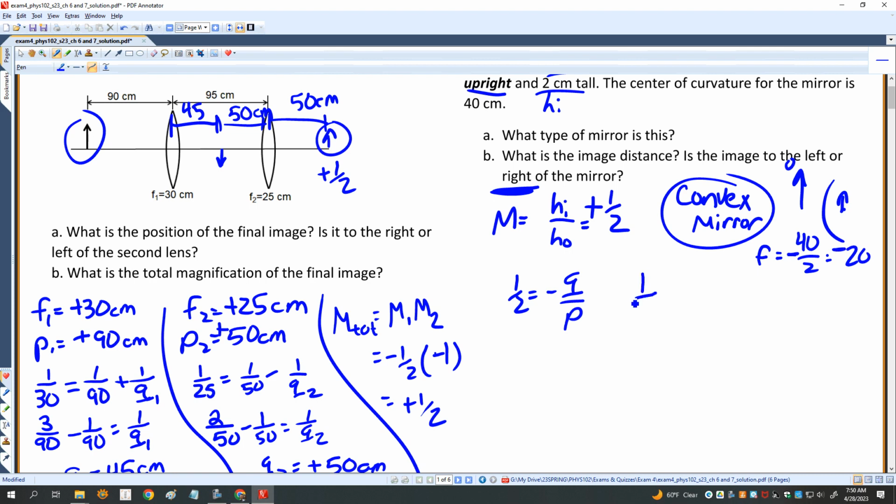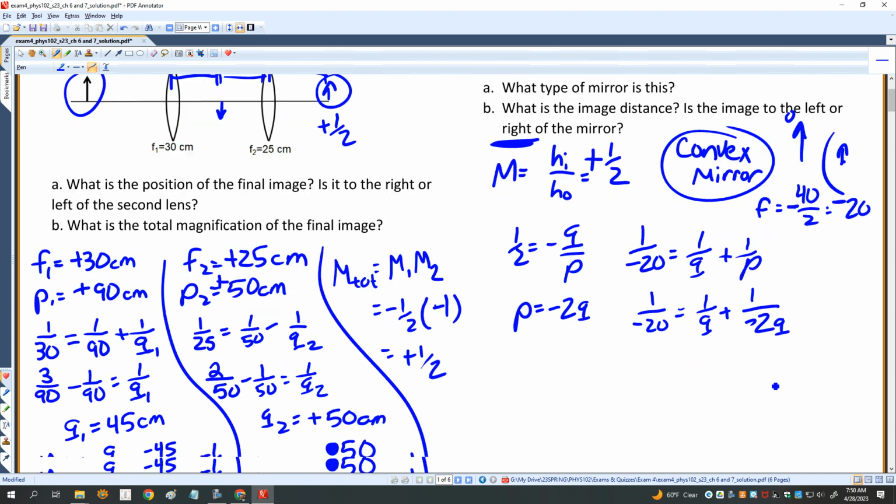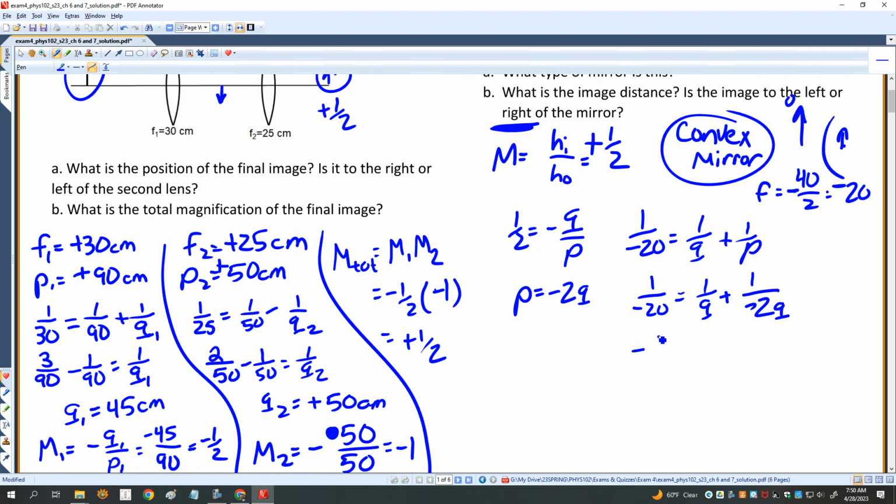So I can also say that 1 over negative 20 equals 1 over q plus 1 over p. I need to solve this by solving the system of equations. I'm going to first solve this for p. P is equal to negative 2q, and then I can put in that negative 2q. So I have 1 over negative 20 equals 1 over q plus 1 over negative 2q. Then I need to write this so it has a common denominator.